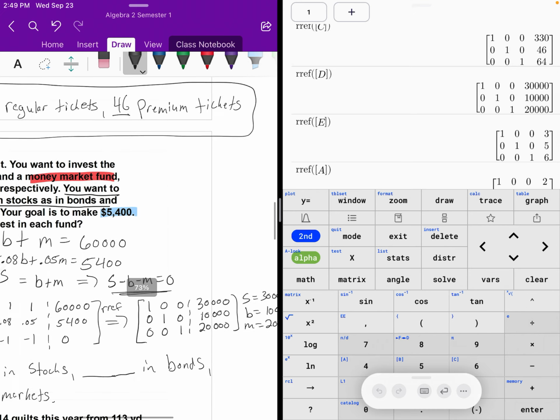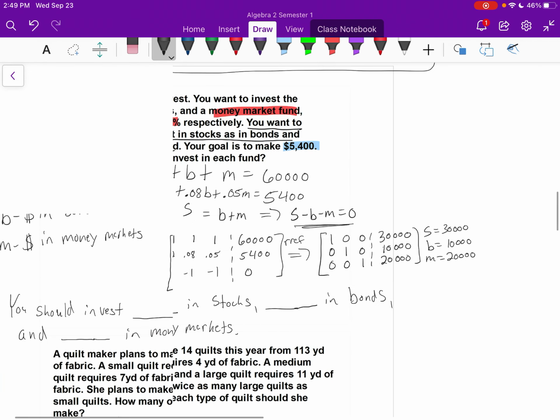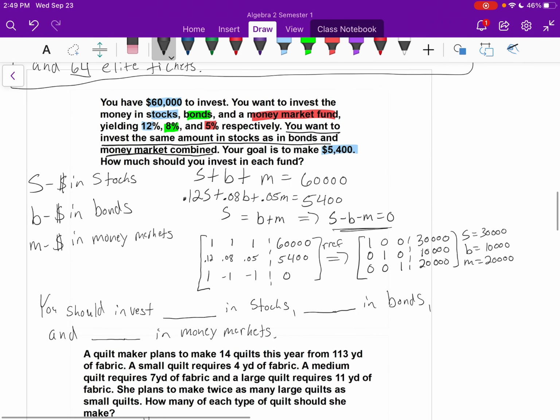Finishing it off with a sentence, we should invest $30,000 in stocks, $10,000 in bonds, and then finally $20,000 in money markets.